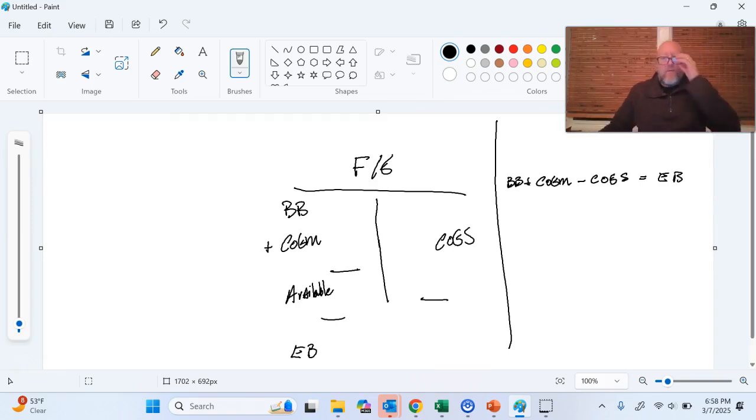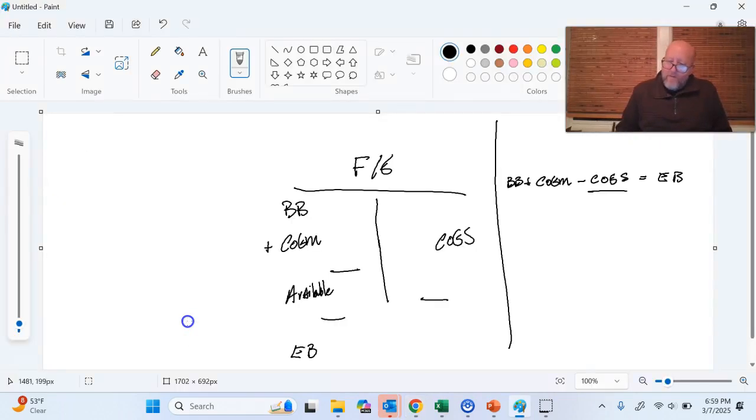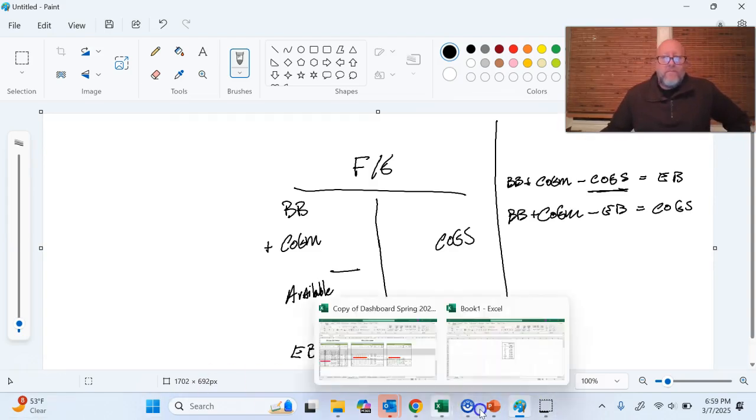And then you can solve for whatever's missing, or you can derive the ending balance. In this question, they're asking us to determine the cost of goods sold. So we could just change the formula ever so slightly: beginning balance plus cost of goods manufactured minus ending balance equals cost of goods sold. Okay, moving on.